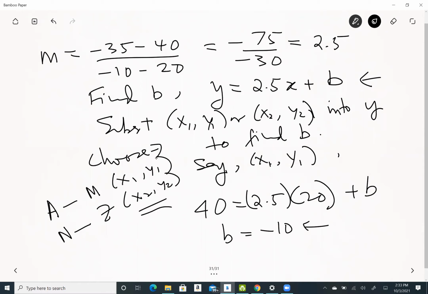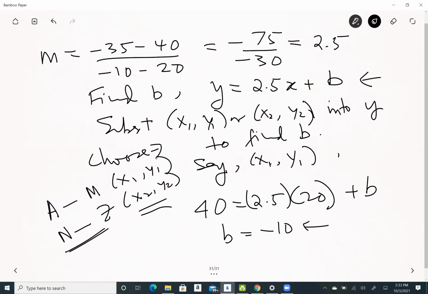Okay, those who used x2, y2, do it again. For those people whose name is N to Z, you use x2, y2, what did you get now? You get negative 10 or you don't?